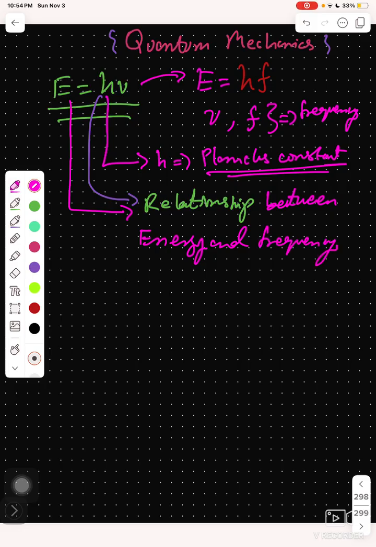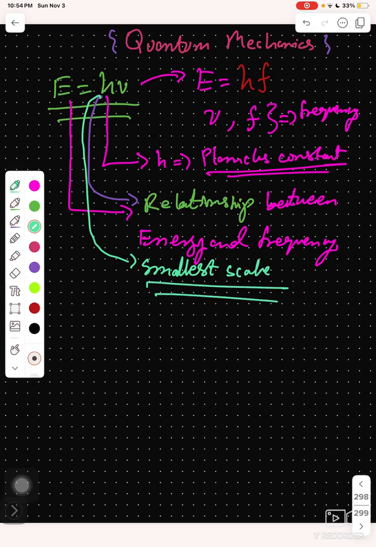Okay, h is also known as the smallest scale. By smallest scale I mean there is no measurement below this.